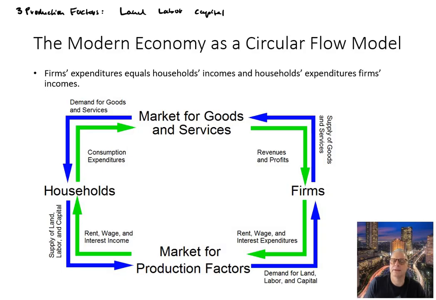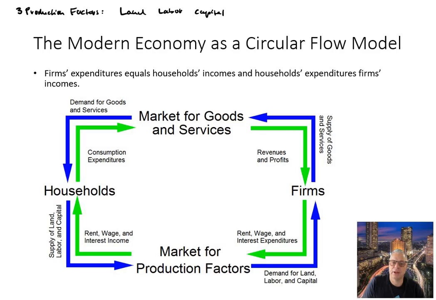And again, those are all real production factors, meaning capital is not a stock or money. Capital is machines and factories, things that are being used to produce final goods and services.